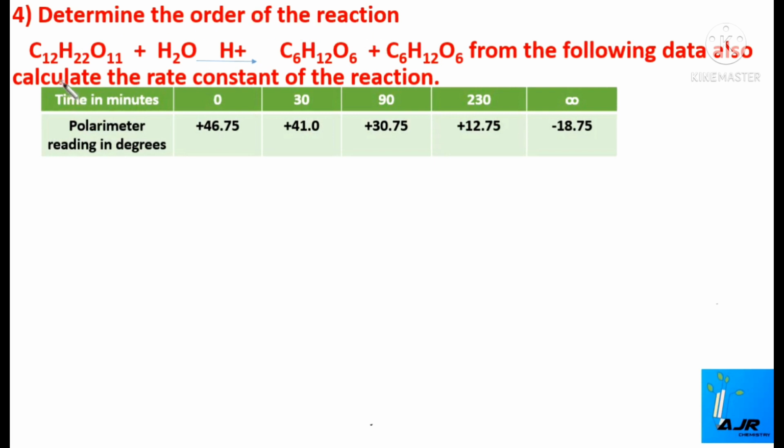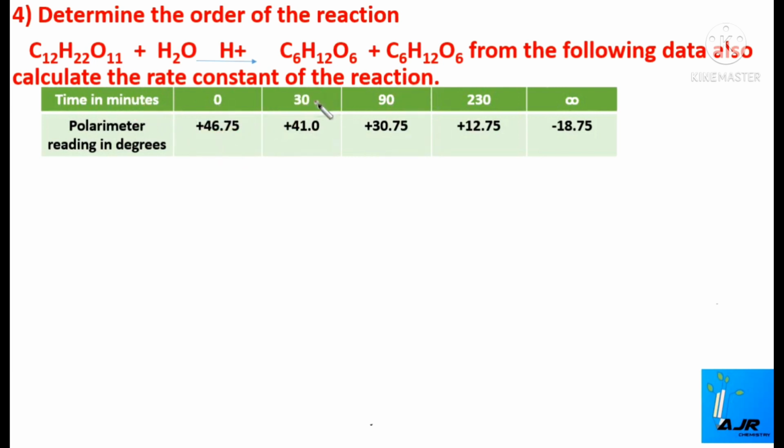Determine the order of the reaction C12H22O11, that is sucrose, plus water in the presence of an acid. It gives C6H12O6 plus C6H12O6. From the following data, a data has been given. From the following data also, calculate the rate constant of the reaction. We are supposed to find out the order of the reaction and also the rate constant of the reaction from the following data. So what are the data given?